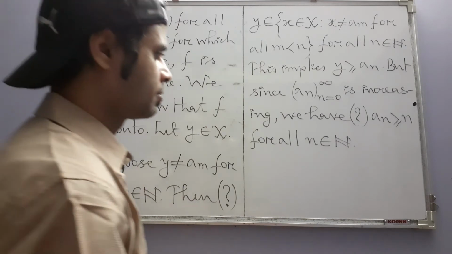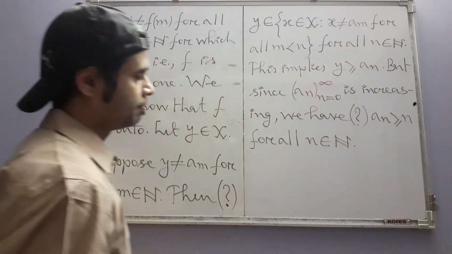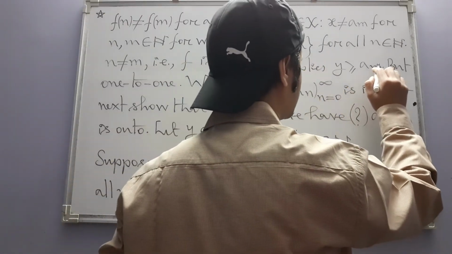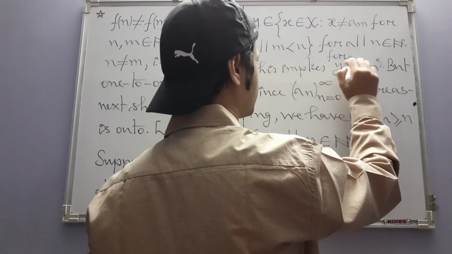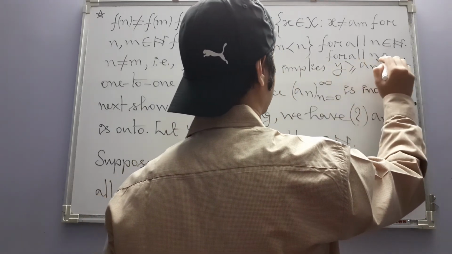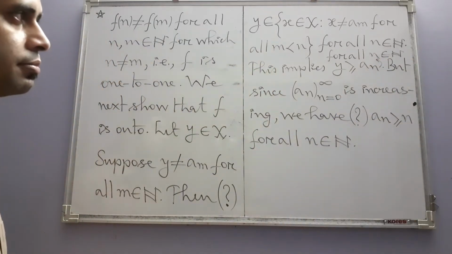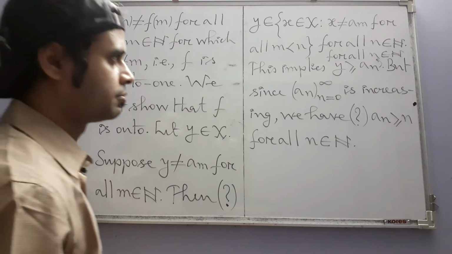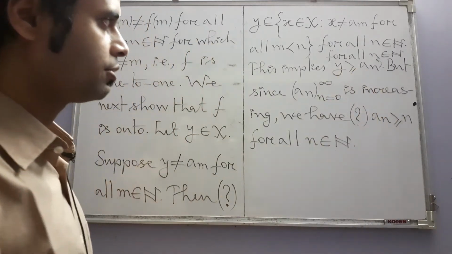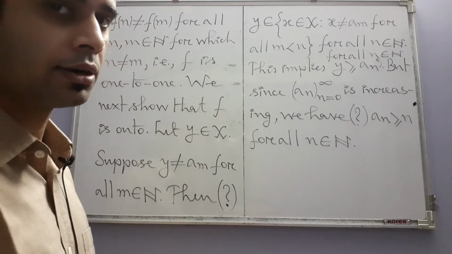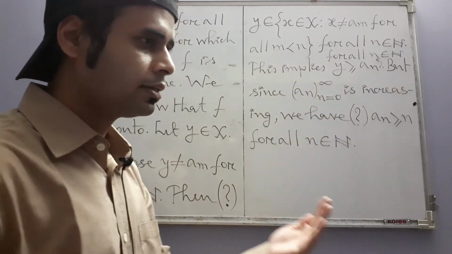Okay, but how? Oh, I should have mentioned here also that this is happening for all natural numbers n. Pretty much here itself you can see that something is going to go wrong, so that we get our contradiction, because an is increasing.